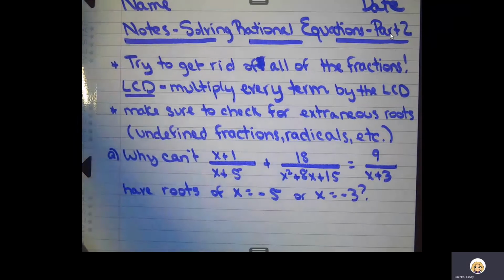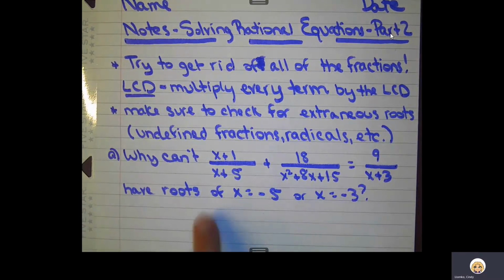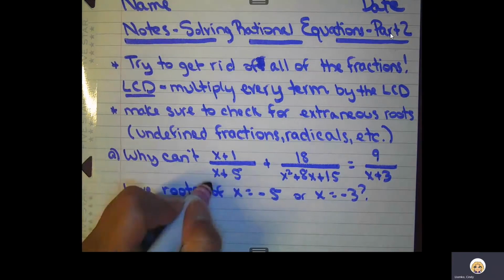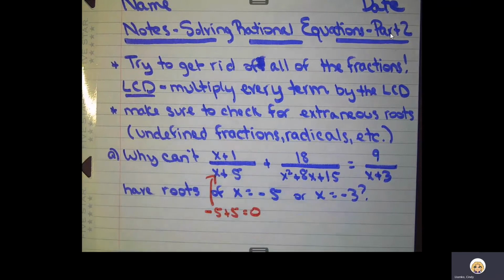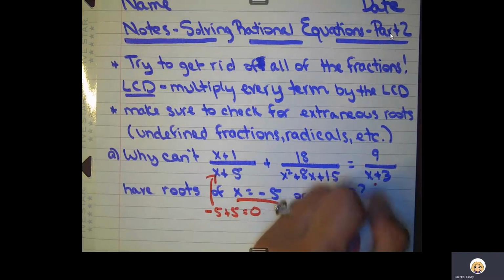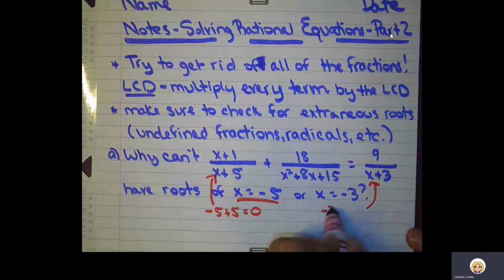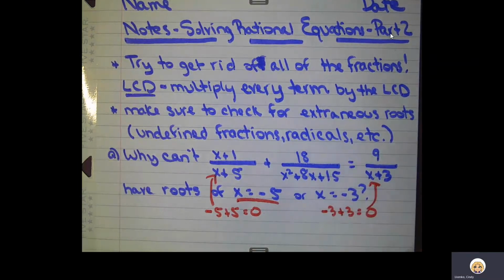The reason why you could not have these answers if one of them happens to be an answer is that it would make the denominator undefined. So if we were to plug this in right here, we would have -5 plus 5. That would give us 0. If we plugged in this over here, -3 plus 3, that would give us 0. So that would give us undefined terms.